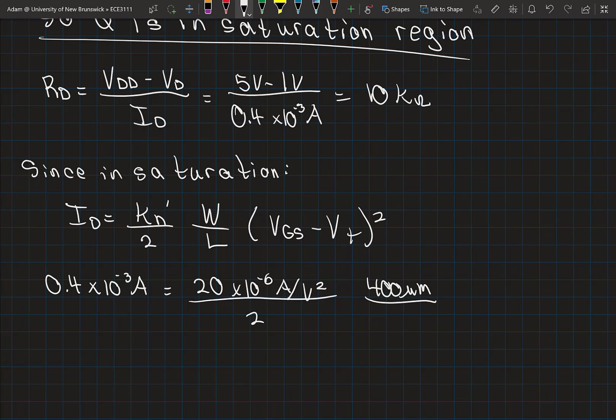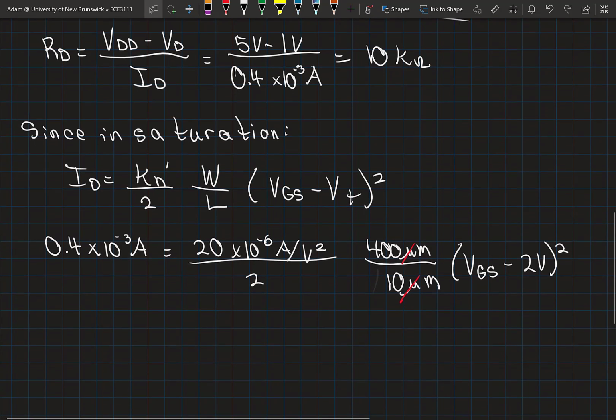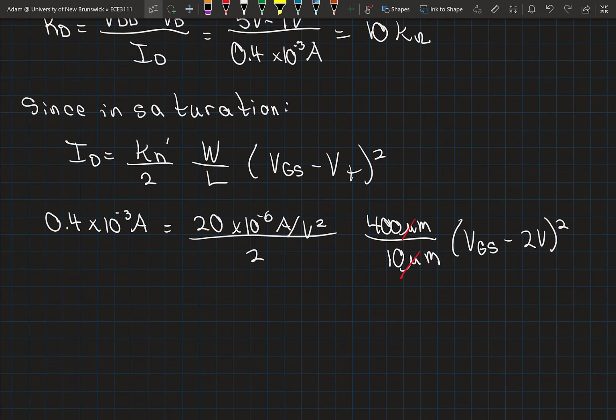I'm going to take advantage of the fact that my length is also in micrometers, so the micro part can be cancelled out, times my gate to source voltage minus my threshold voltage, which is 2 volts, squared. Plug all that into your calculator and we'll find that the gate to source voltage minus 2 squared, or my overdrive voltage squared, is equal to 1.